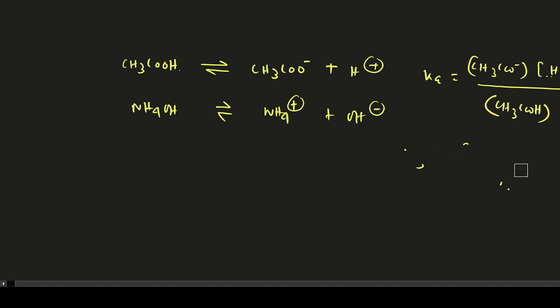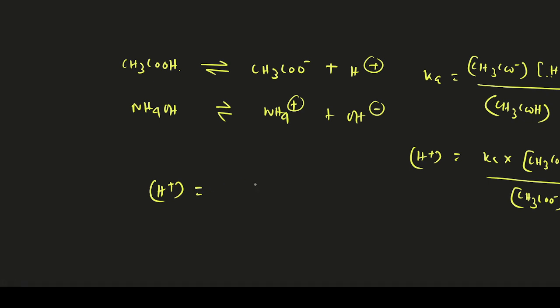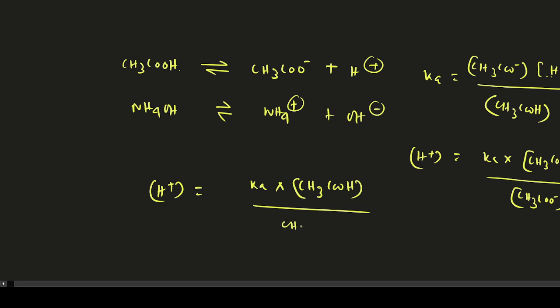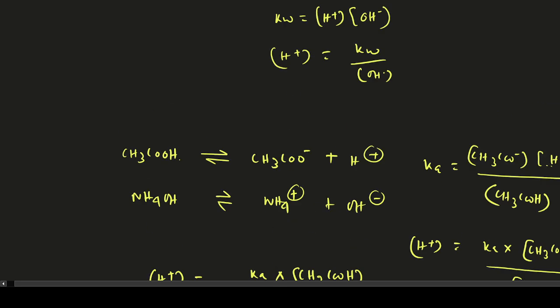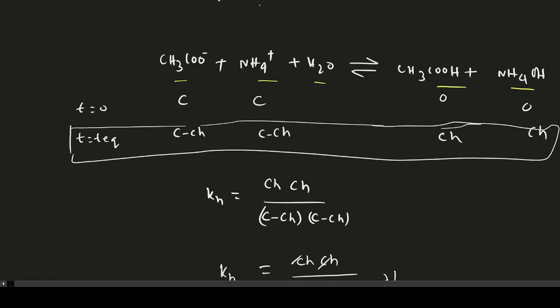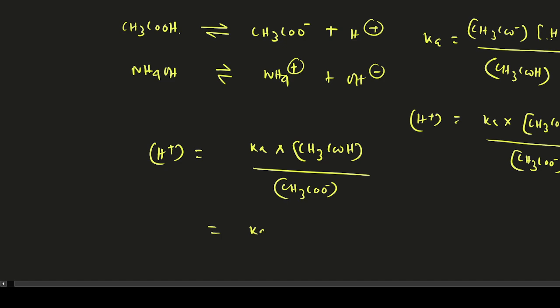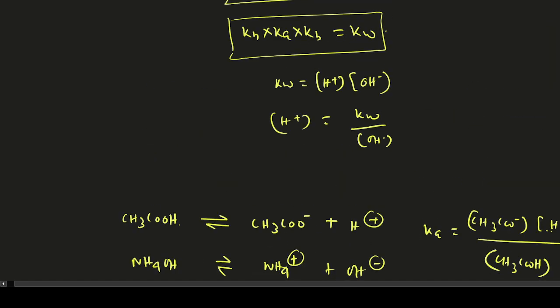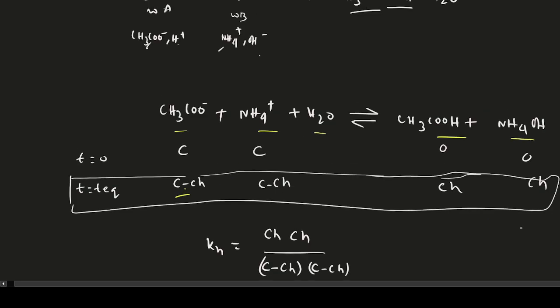H plus concentration equals Ka into CH3COOH by CH3COO minus. The CH3COOH value is Ch, and the CH3COO minus value you also know, that is C minus Ch.